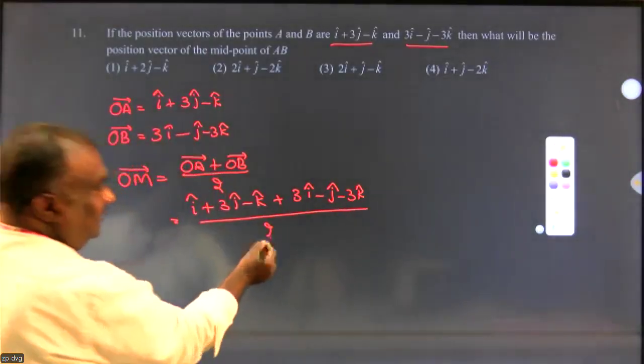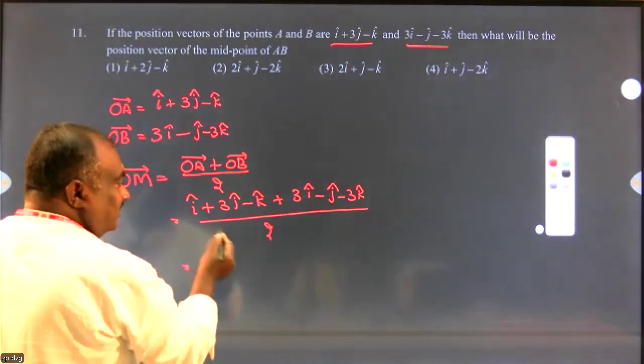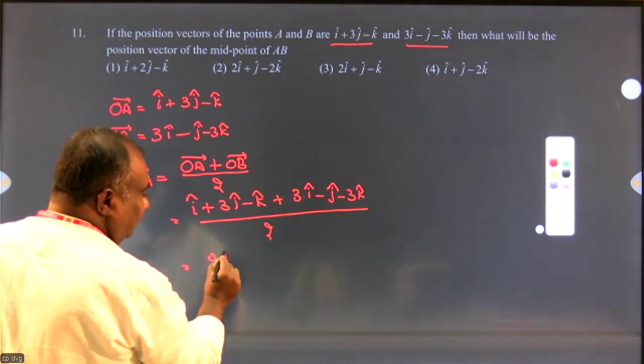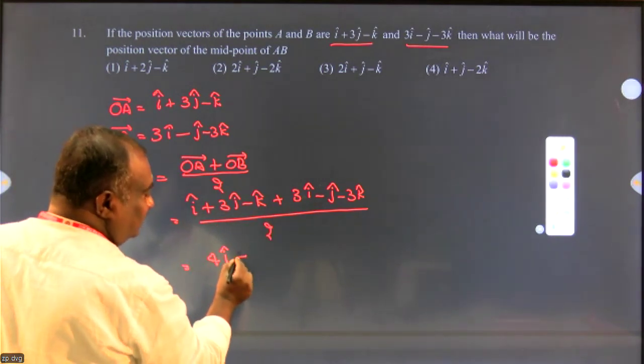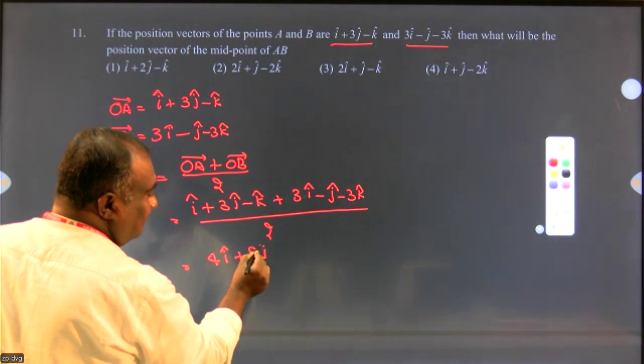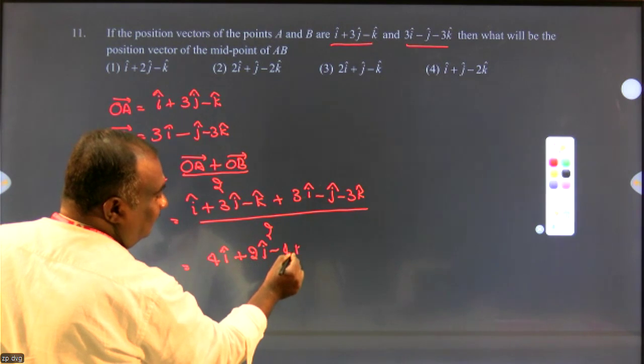Add the terms of i, j, k separately. If you add the terms, what are you getting now? i plus 3i is 4i, and 3 minus 1 is 2, plus 2j, and minus k minus 3k is minus 4k, by 2.